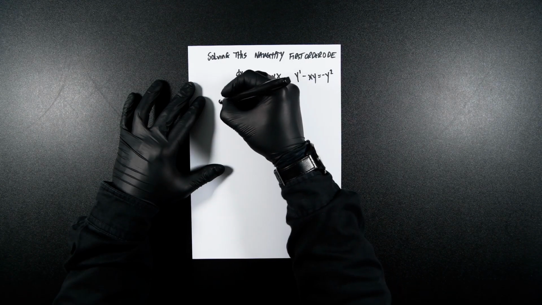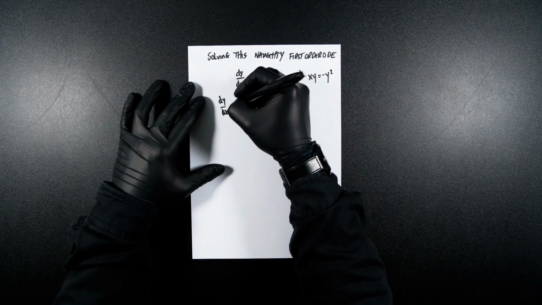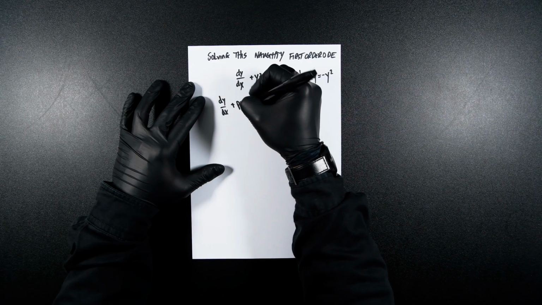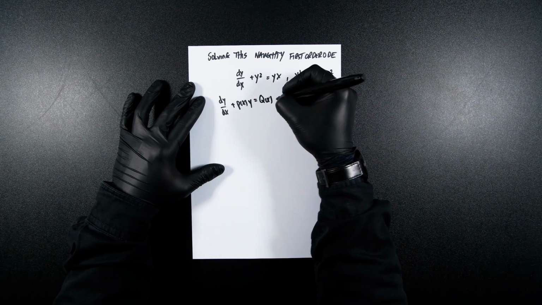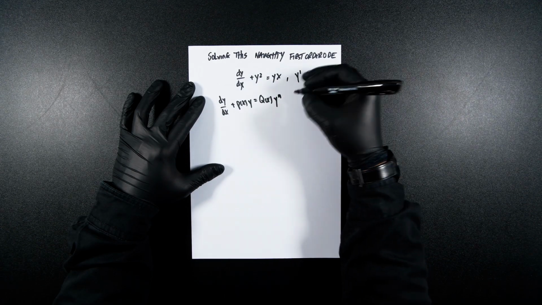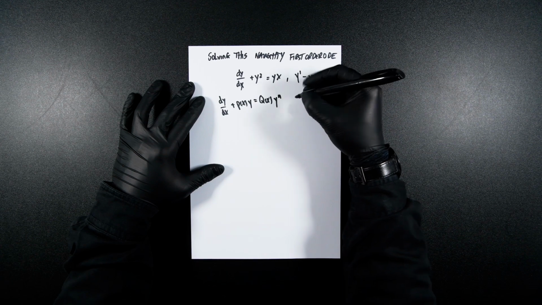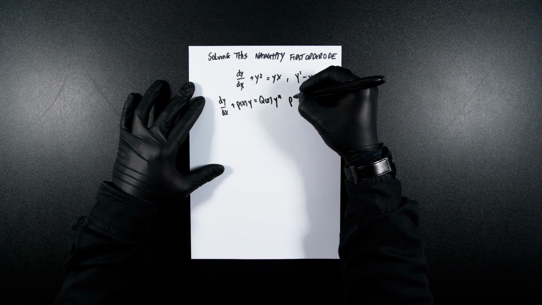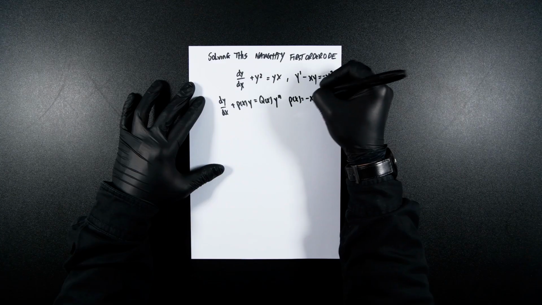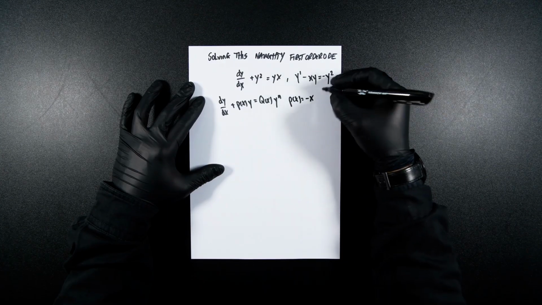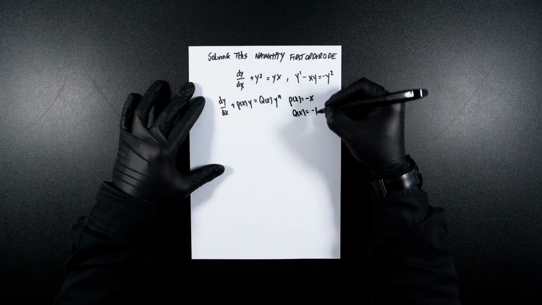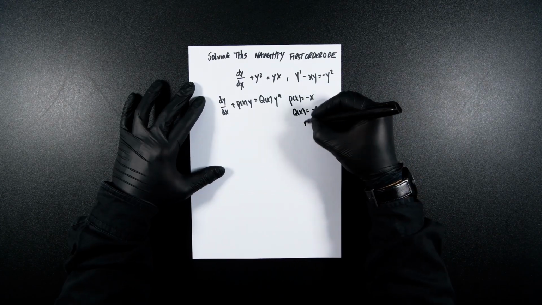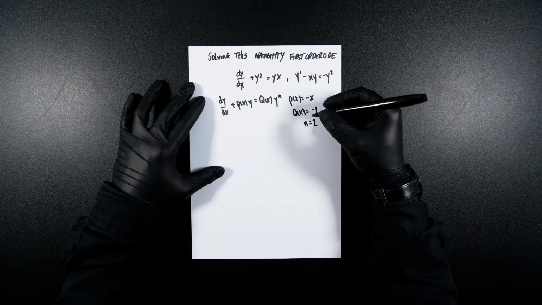Bernoulli's form is dy/dx plus p(x)y equals q(x)y to the n, where in our instance we now have p(x) equals minus x, q(x) equals minus 1, and n would equal 2.